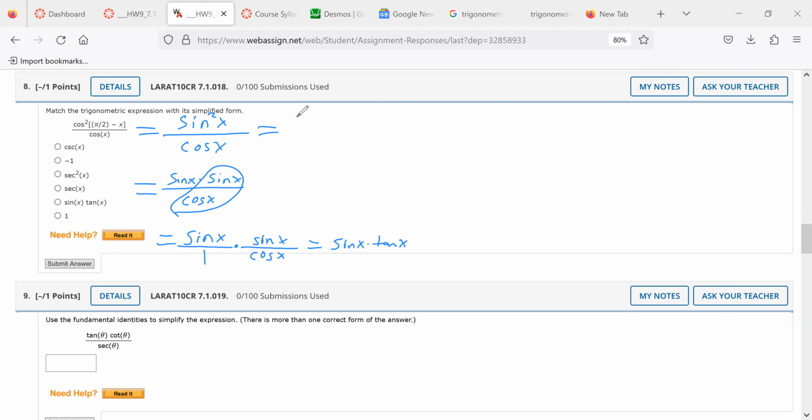Sine squared is equal to 1 minus cosine squared. That'd be my first attempt. Right? Then I could maybe separate the fraction and hope something useful comes out.